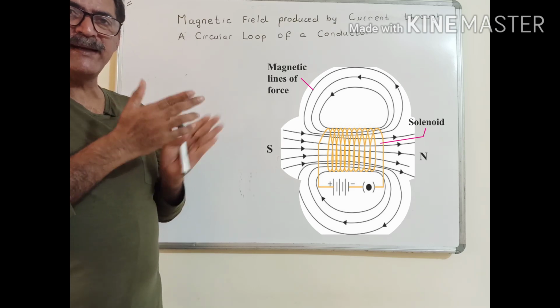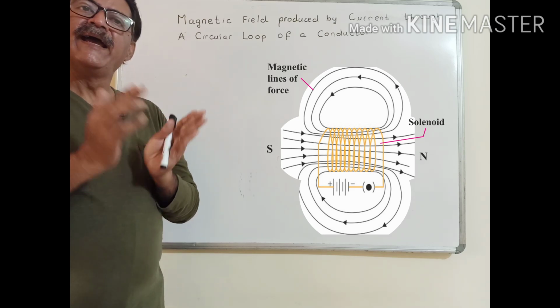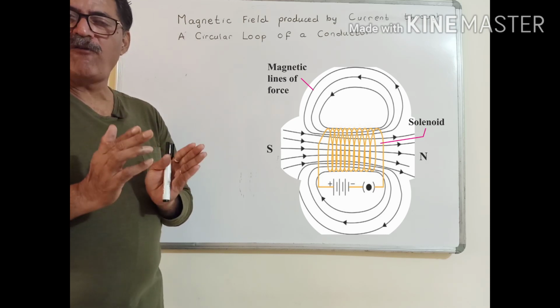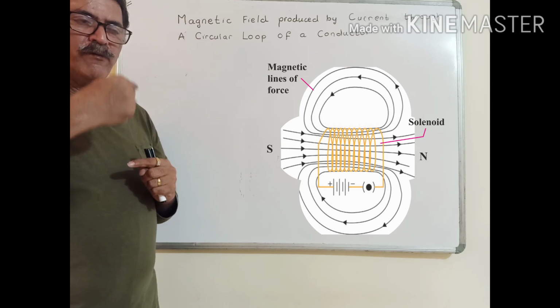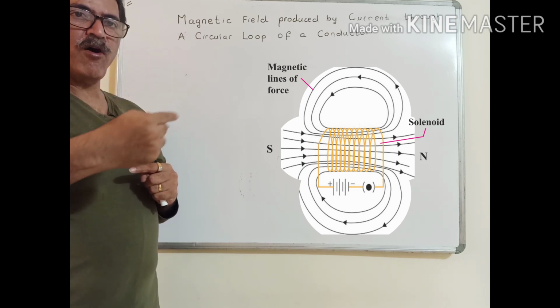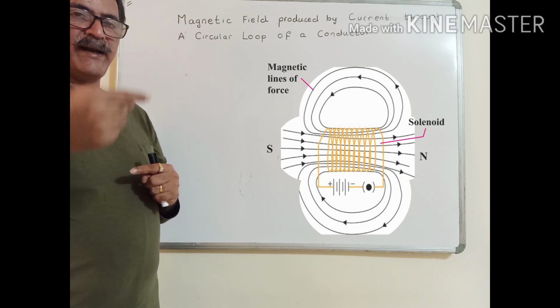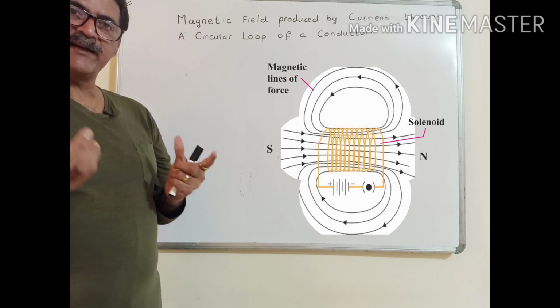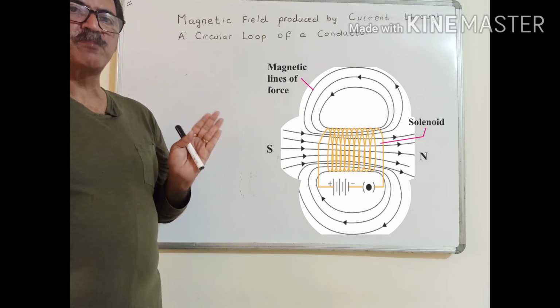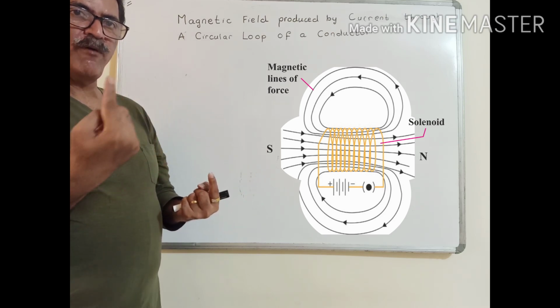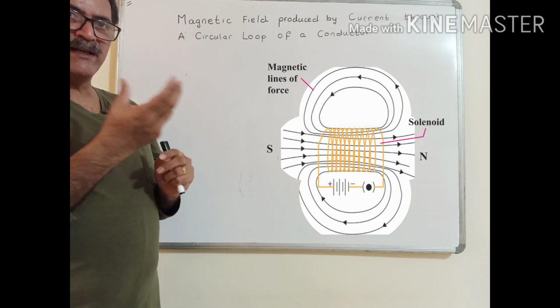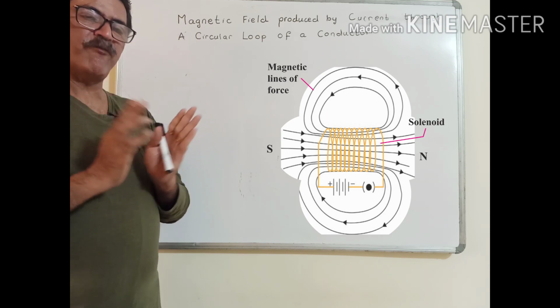Now this spring-like structure that you are seeing is actually made up of insulated thick copper wire which is wound in the form of a coil, right? Cylindrical coil like a spring. You can take it like a big spring. You have seen some shock absorbers on the motorcycle in the form of a big spring, so that would be the shape of a solenoid.